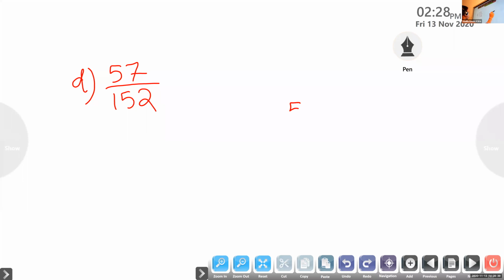Highest common factor. 57 and 152. Find out the highest common factor. By which number can we divide? These common factors are a little difficult to find, no? Because 2 is not possible, 3 is also not possible.